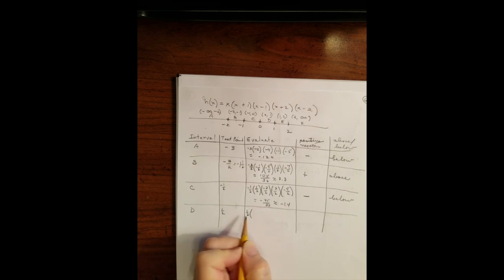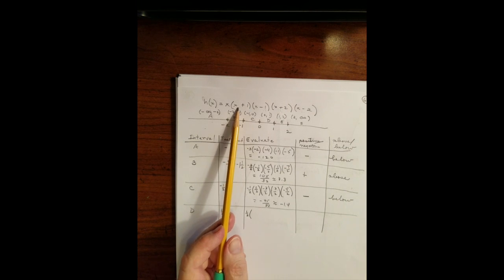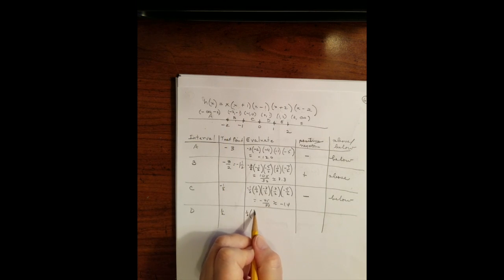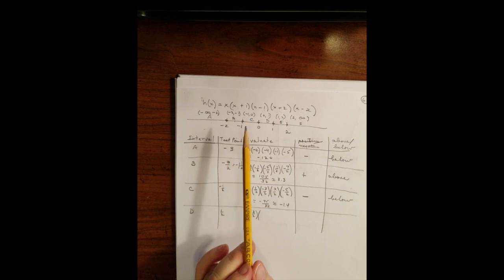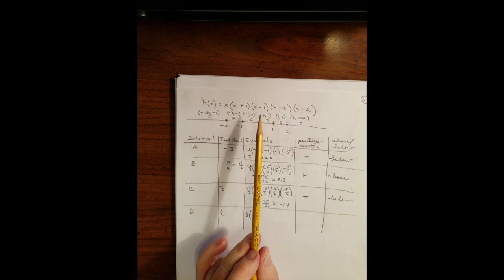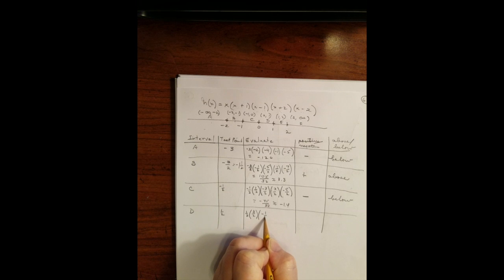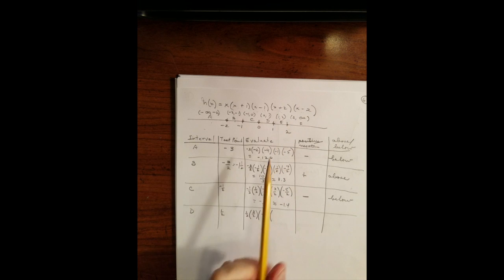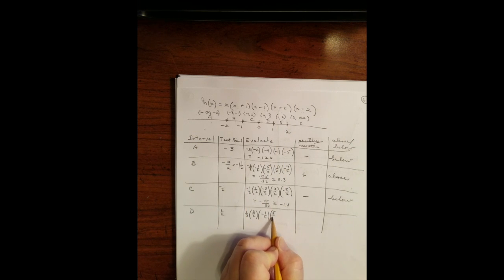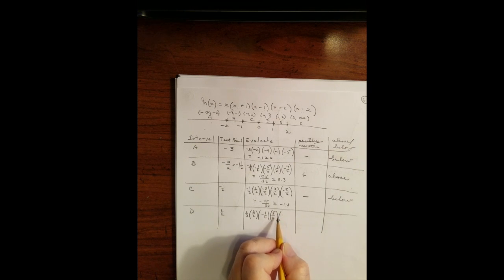and then our next interval is interval D, and so let's choose positive 1/2 there. And so our first number will be 1/2, and then if we plug it in, we'd have 1/2 plus 1/2, or 3/2, and then 1/2 minus 2/2 is minus 1/2, and then 1/2 plus 2 is 5/2, and then 1/2 minus 4/2 is minus 3/2.